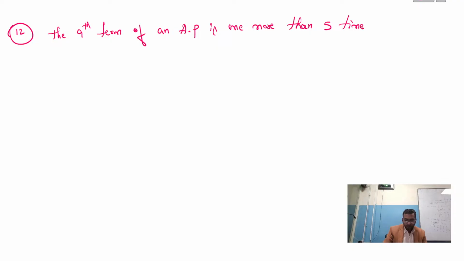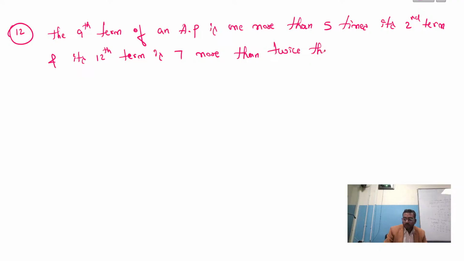Okay, make a note. The ninth term of an AP, that is arithmetic progression, is 1 more than 5 times its second term, and its 12th term is 7 more than twice the fifth term.